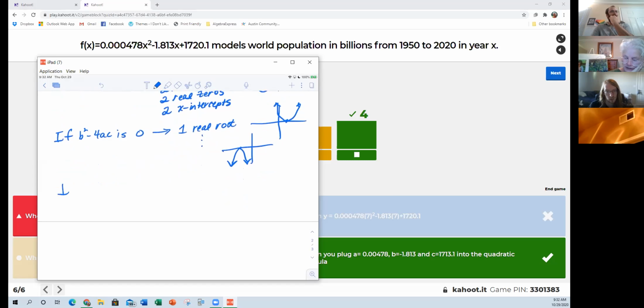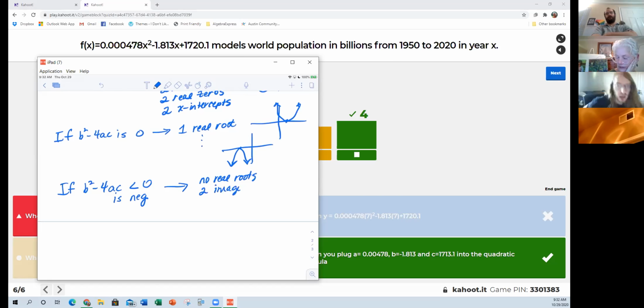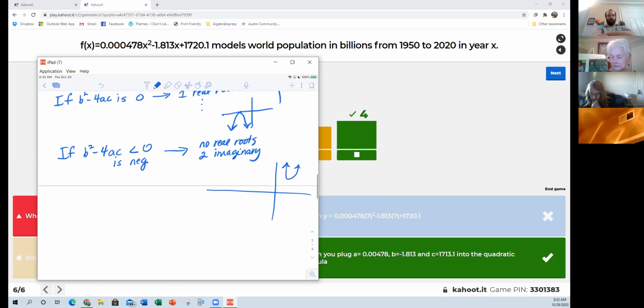And if b squared minus 4ac is negative, that means there's going to be no real roots or real solutions. So that means that there will be 2 imaginary. And what that means is the graph will never cross the axis. Okay.